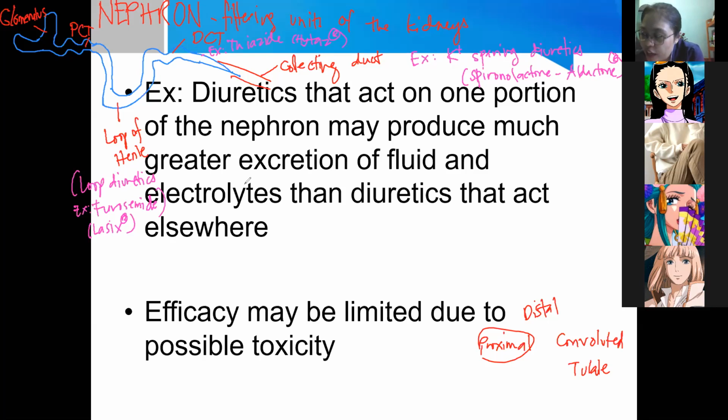So mao na siya kung ginaingon sa study nila Belly na they have to first know what is the possible mechanism of action sa ilahang plant. Kay dapat kung unsa ang mechanism of action sa plant, dapat maupod to ang mechanism of action sa ilahang positive control. So kung ang ilahang plant is a potassium sparing diuretic, dapat spironolactone ilang gamiton na positive control para comparable.